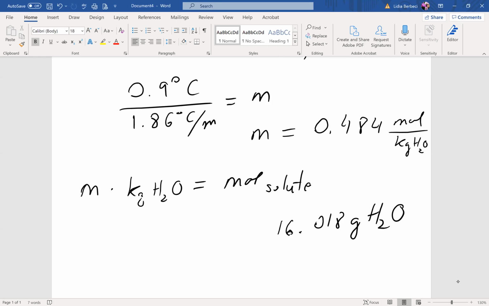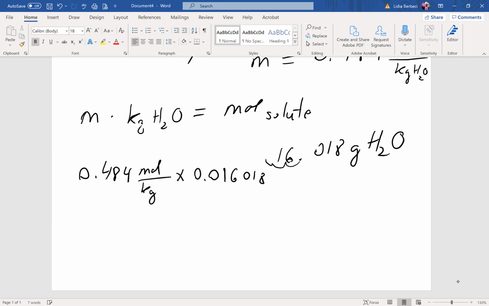Change that to kilograms by dividing by 1,000 and multiply by the molality, 0.484 moles of solute over kilograms of water, to give you the moles of the unknown solute.